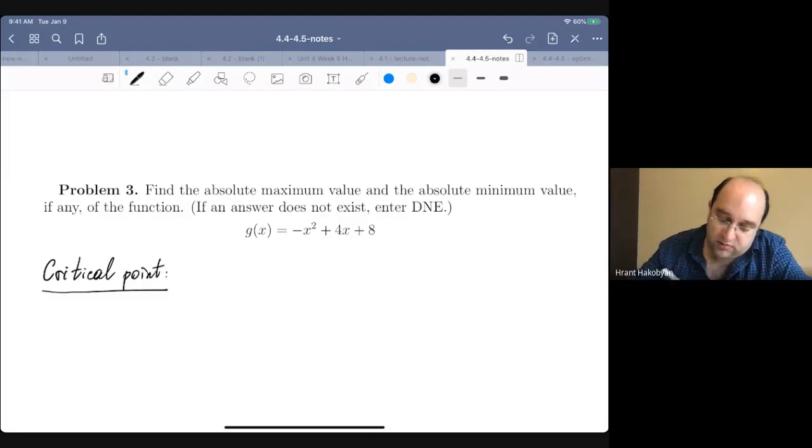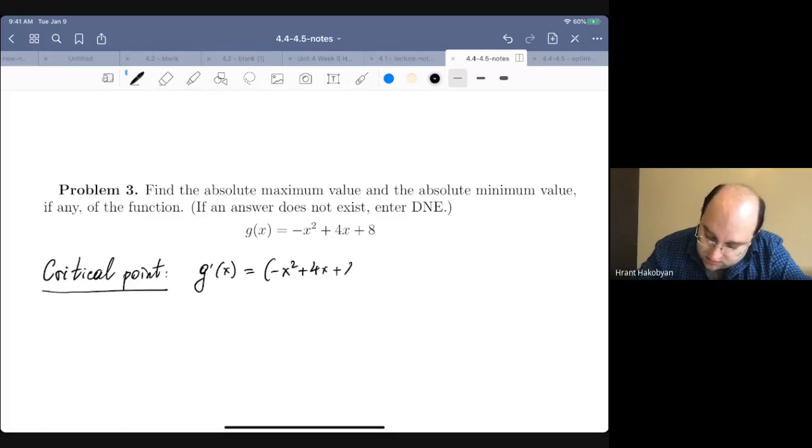So I'm going to take the derivative of this, and it's equal to negative 2x plus 4.